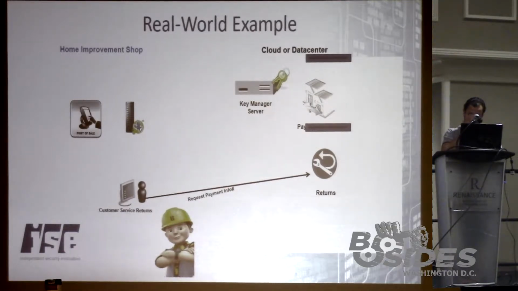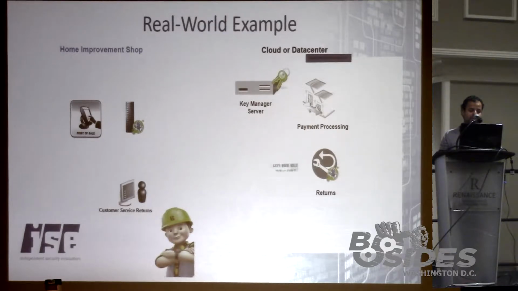So when I'm returning stuff, what should or could be happening, as an architect, is that the request for payment info goes to returns, which requests the same key from the key manager. The key manager gives them the key, which allows them to decrypt the data, and it comes back in plain text to the return POS.